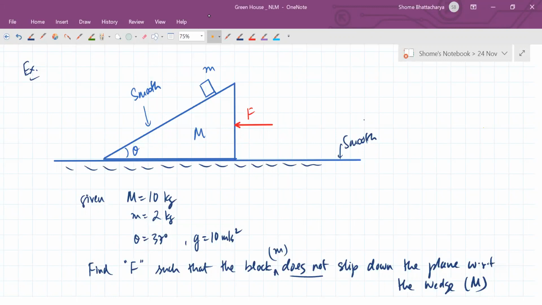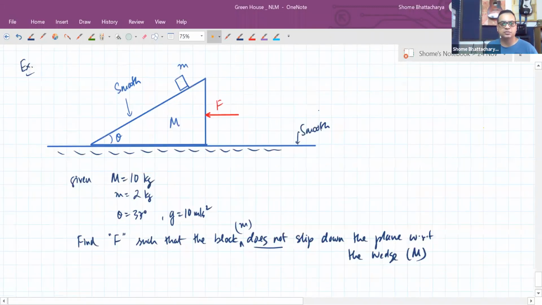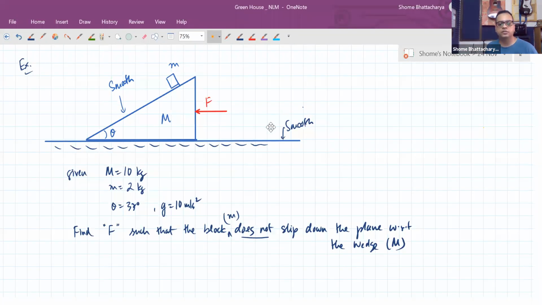Okay, so let's understand this question in detail. So what is happening is we want that the system of the wedge plus the block should be moving together with common acceleration. There should be no slipping between them, or there should be no relative motion.